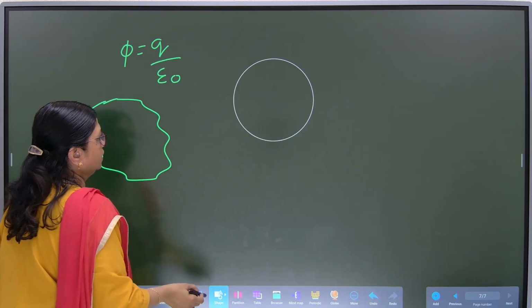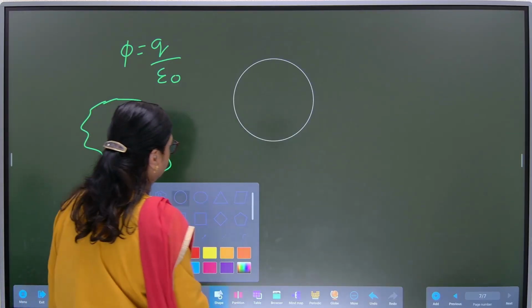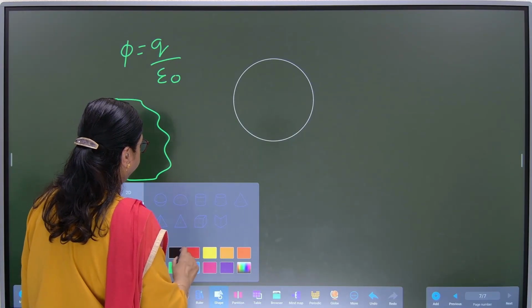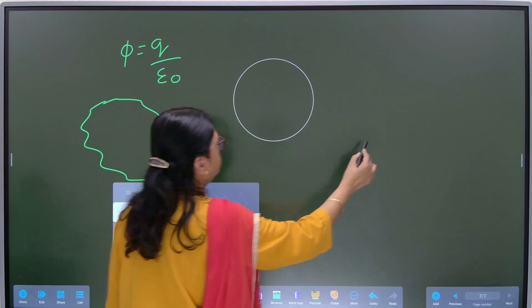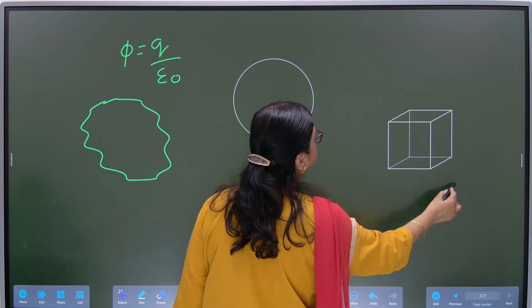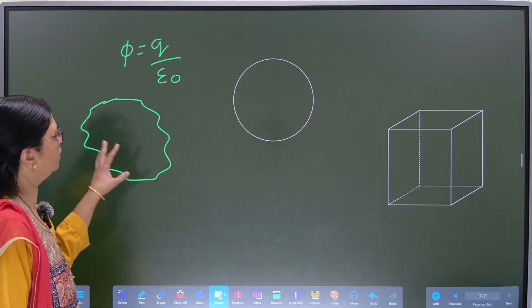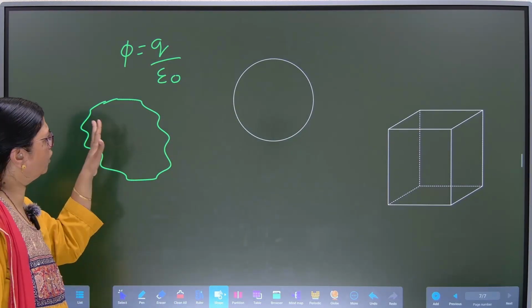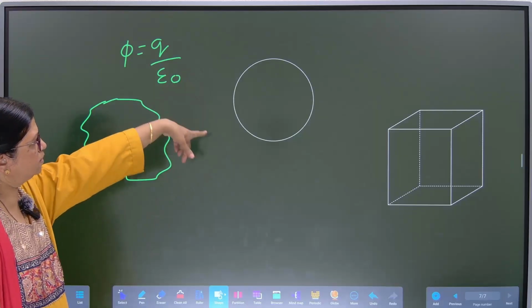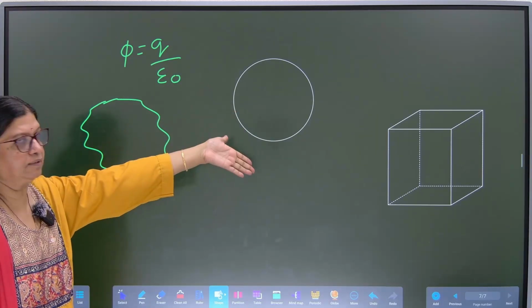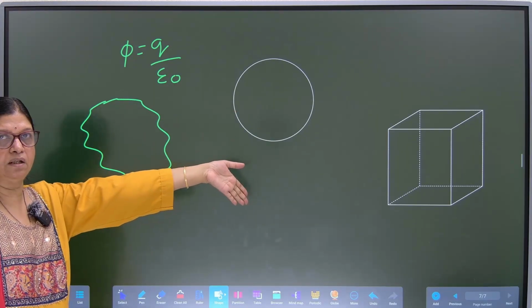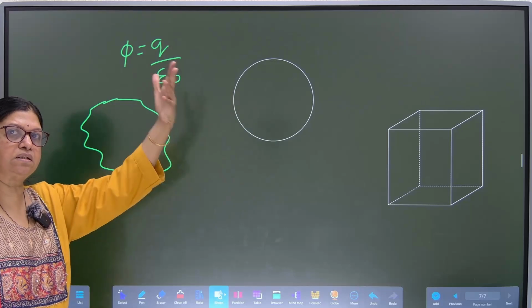Then the shape can be a cuboid also. So here I have considered one irregular surface, a circular surface, and here a cuboidal surface. You can even consider it as a cube.